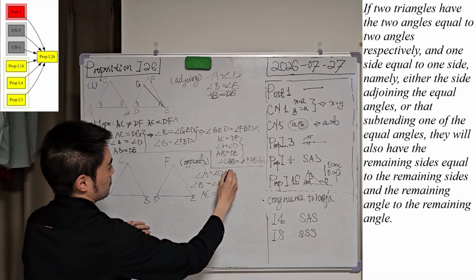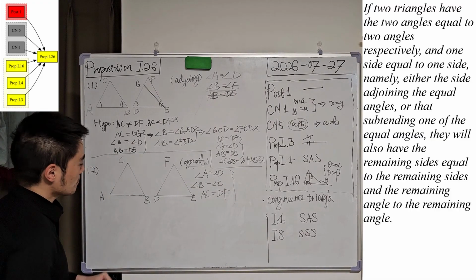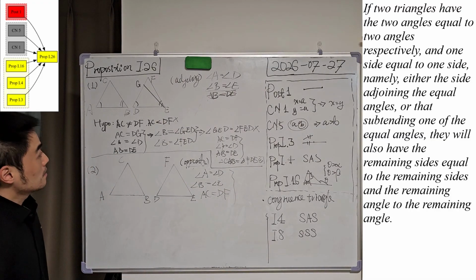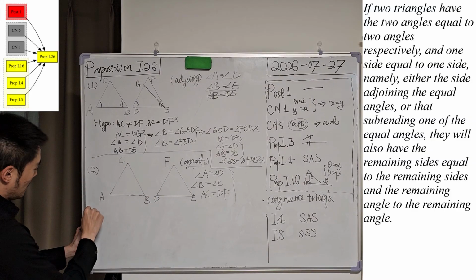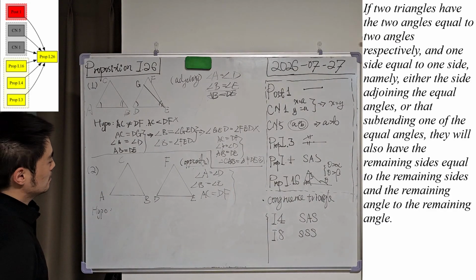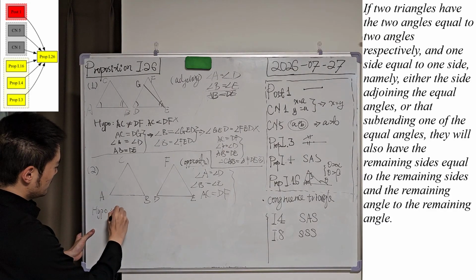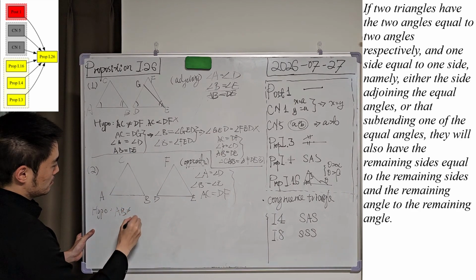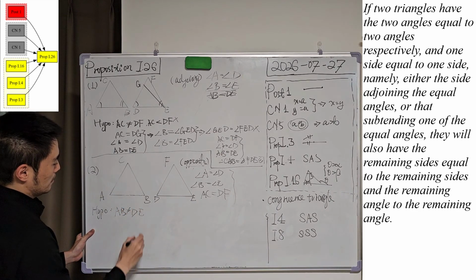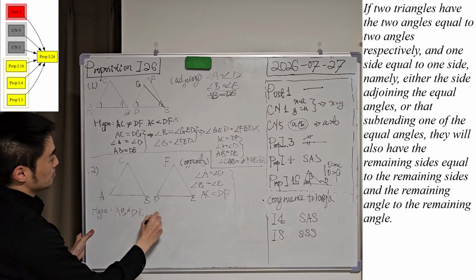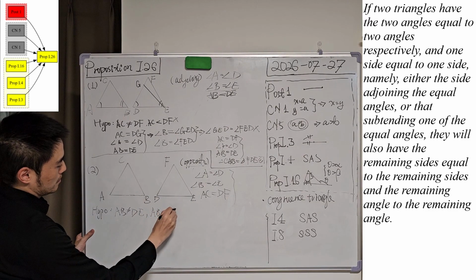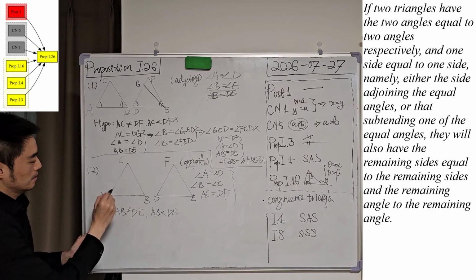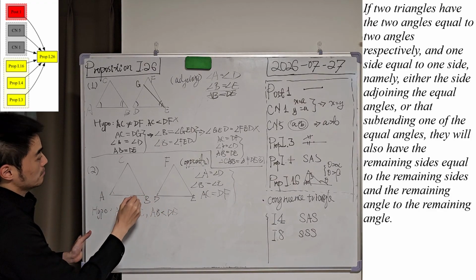So we are given these three conditions. Let's use the method of contradiction again. We hypothesize that AB is not equal to DE. For convenience, let's suppose AB is less than DE.